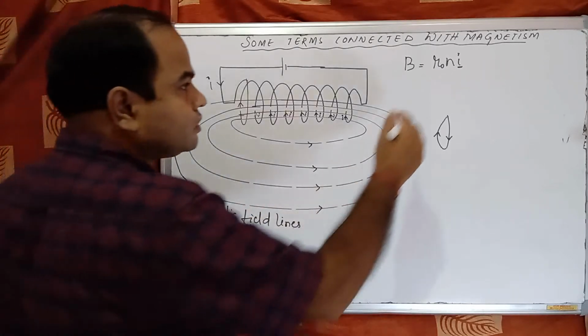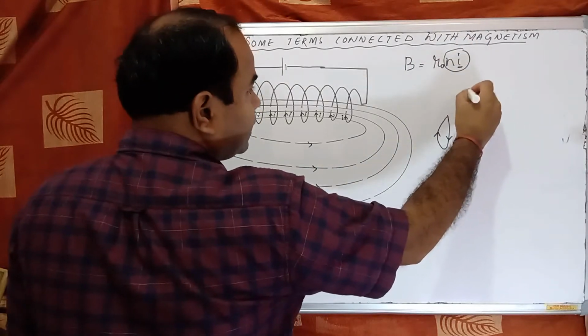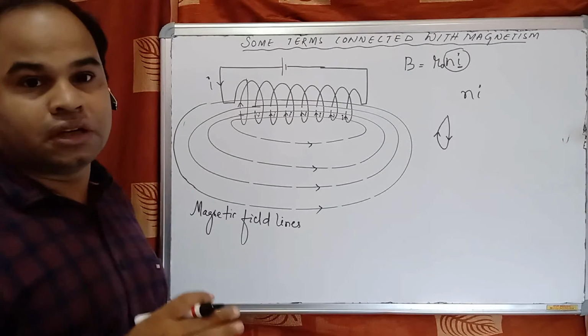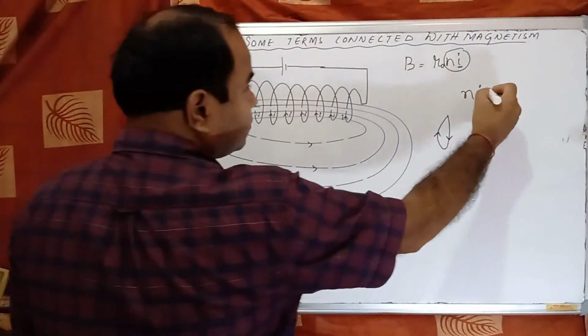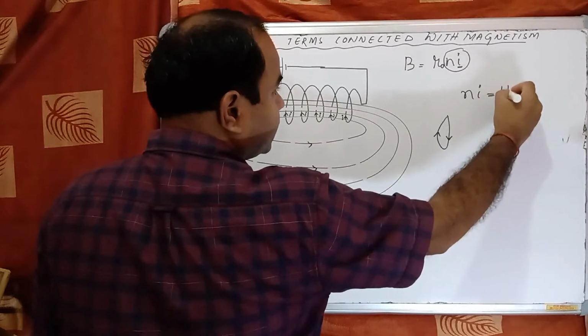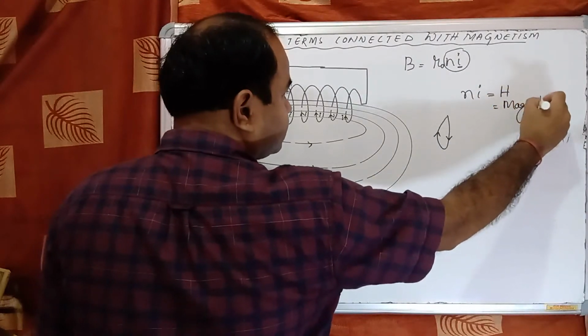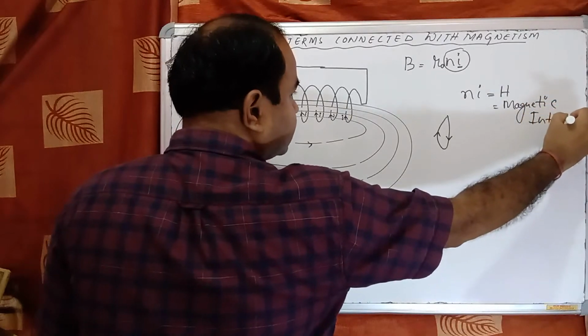So this term NI produces magnetic field lines. This term NI is represented by H, that is called magnetic intensity.